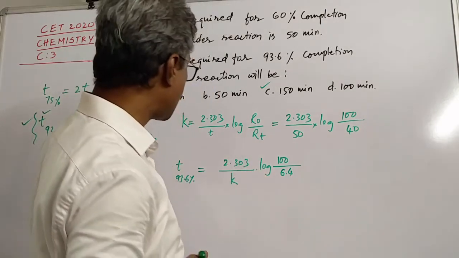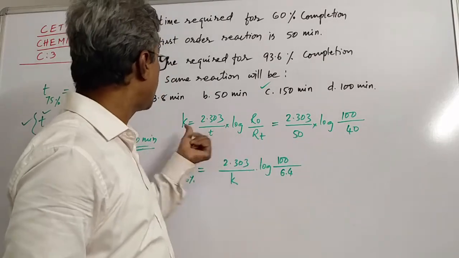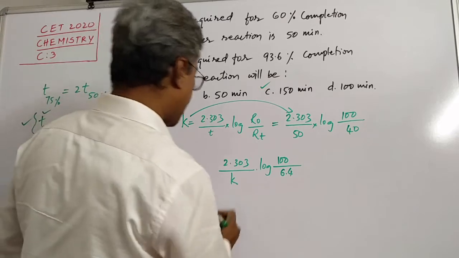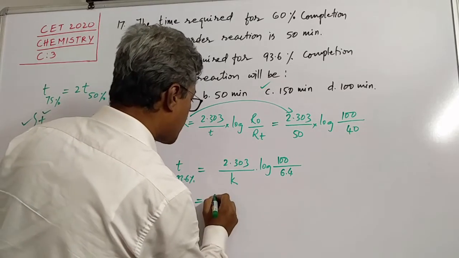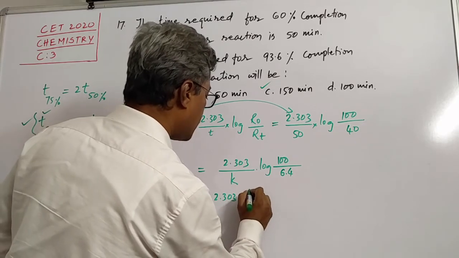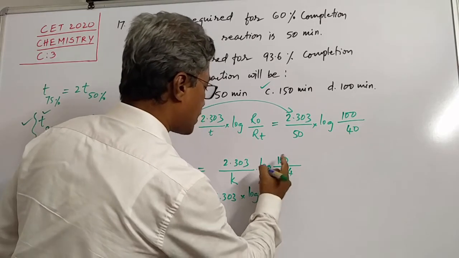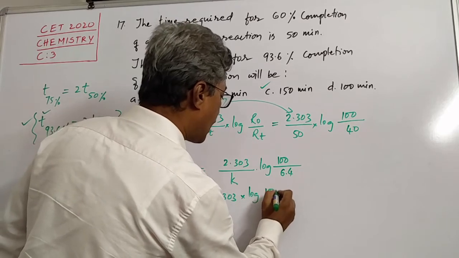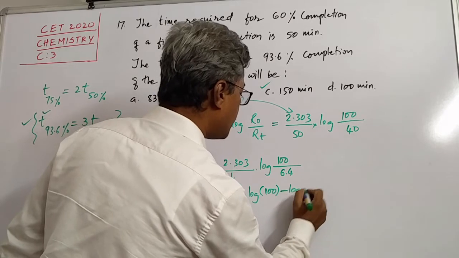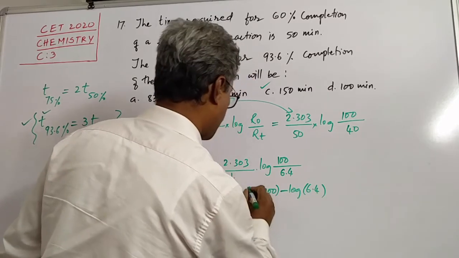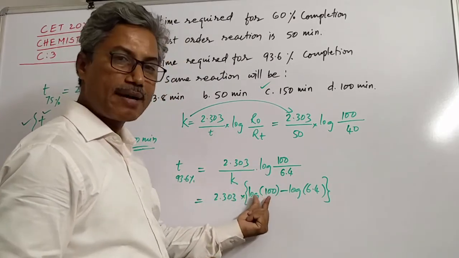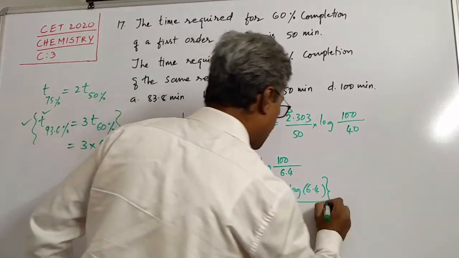Okay, students. Now let's use this K value here. This is 2.303 into log of 100 minus log of 6.4. Since log of A by B can be written as log A minus log B, divided by this K value.